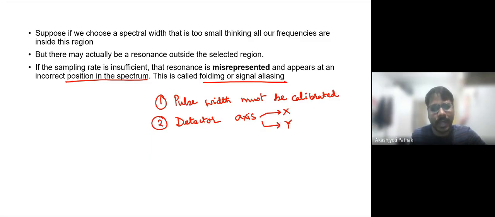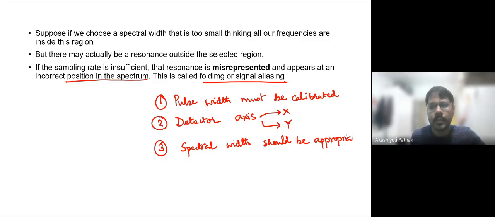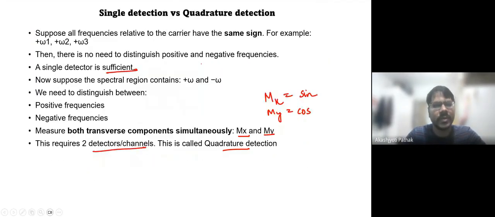That plays an important role in what type of signal you will get, whether an absorptive signal or a dispersive signal. The third thing we learned is that your spectral width should be appropriate so that the folding of signal is not observed. These are the few points that we covered.